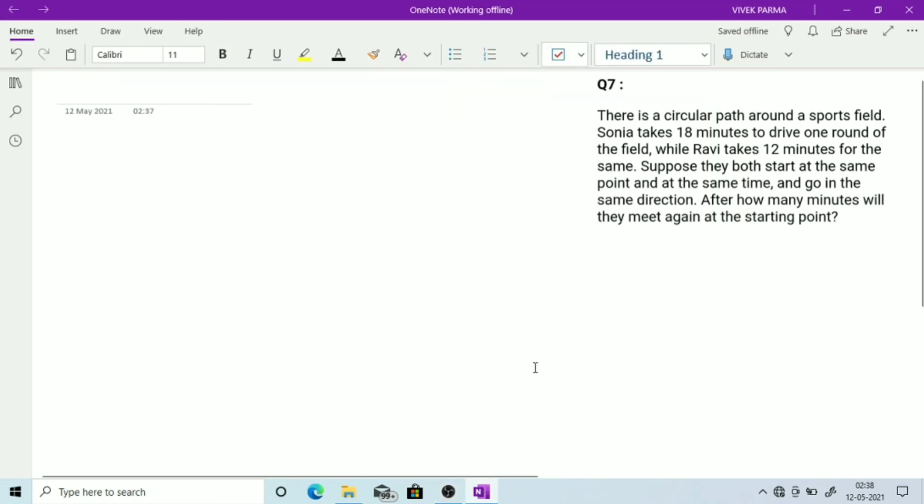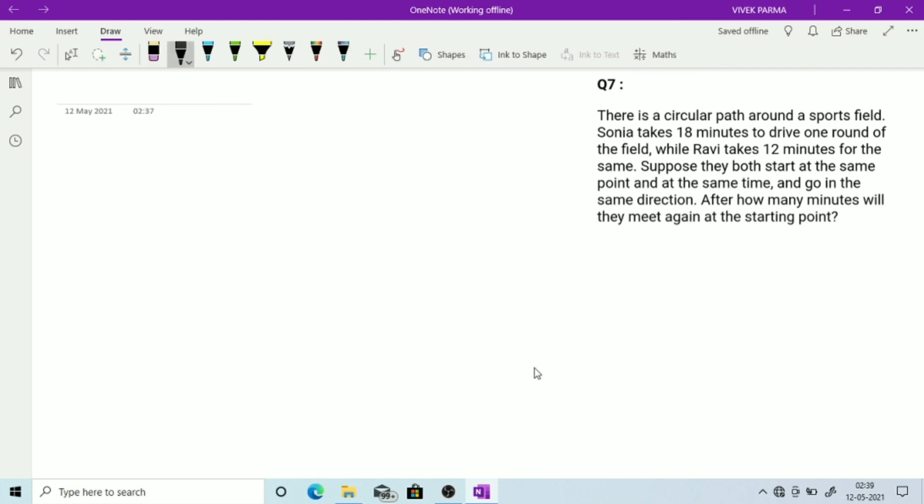So we have question 7. There is a circular path around a sports field, and Sonia takes 18 minutes to drive one round of the field, and Ravi takes 12 minutes, right? They start at the same point and at the same time and go in the same direction. After how many minutes will they meet again at the starting point?